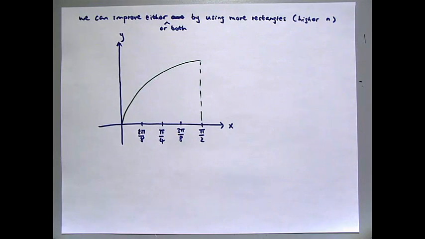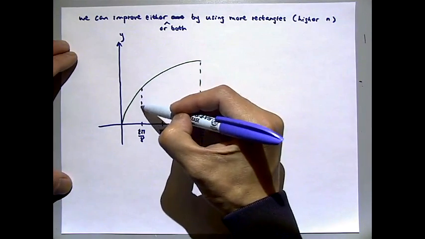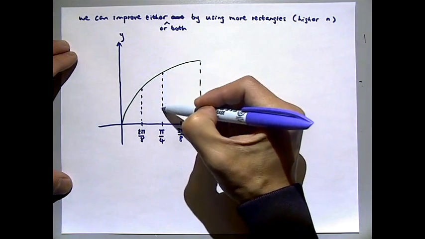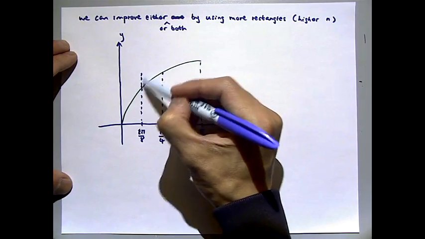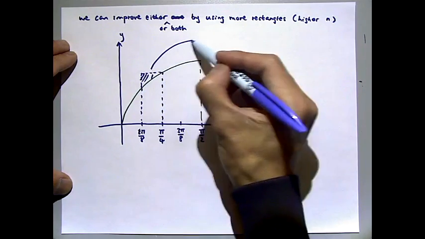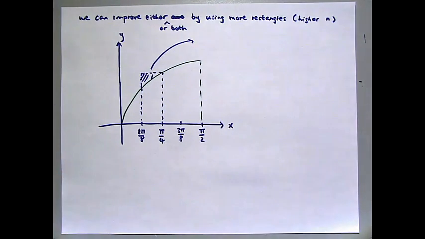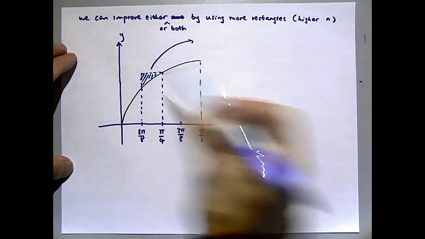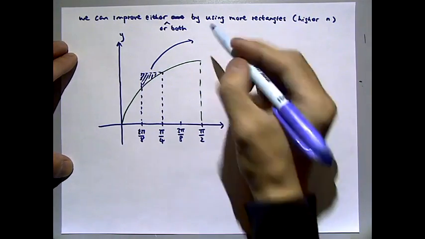Now suppose we use the right endpoint of each one. We'll just look at the second rectangle here. Just look at one of them, you'll get the idea. Now this thing right here is the area that we don't want.